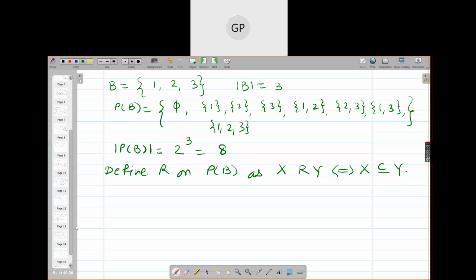Can we draw the Hasse diagram without writing R? Phi is a subset of every set. So where should phi be? Phi should be at the bottom. Now which elements cover phi?